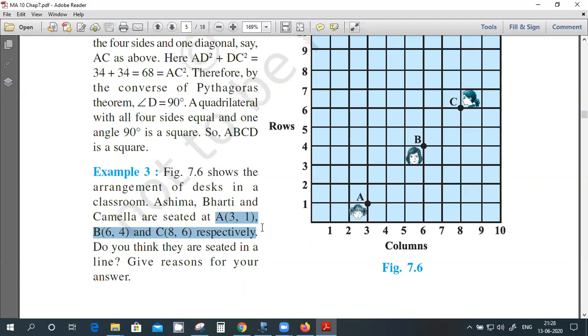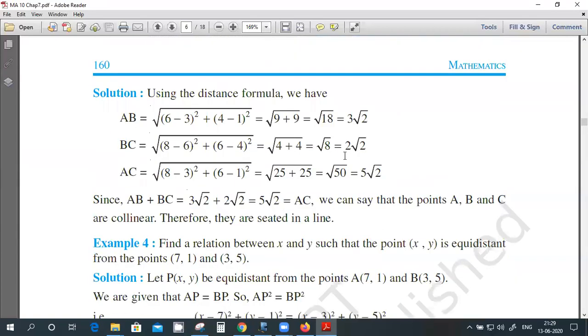After that, how do you check whether it's in a straight line or not? If they are in a straight line, the length AB plus BC will be equal to AC. Otherwise, it will be a triangle. Find the lengths and then add the two shortest lengths; that should match the largest length.